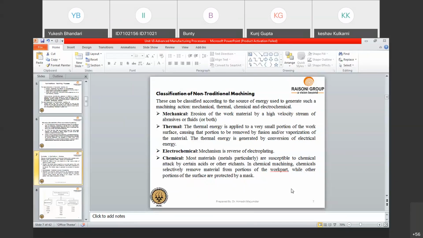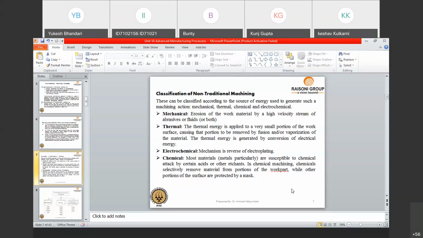We apply those chemicals on some selective portion of the workpiece. So material gets removed from those work parts where we applied the chemical, and other parts will remain as they are.